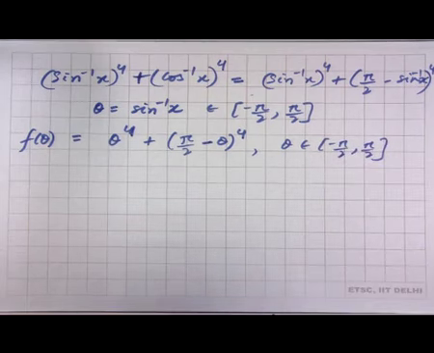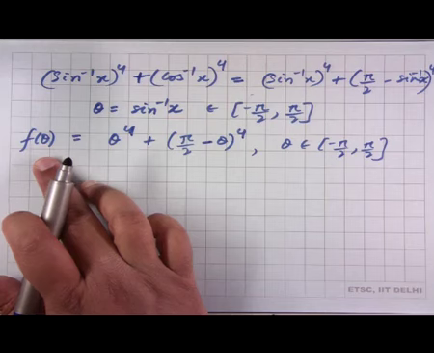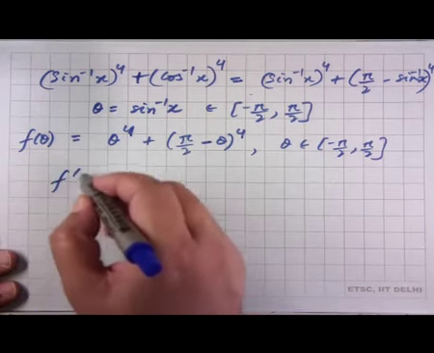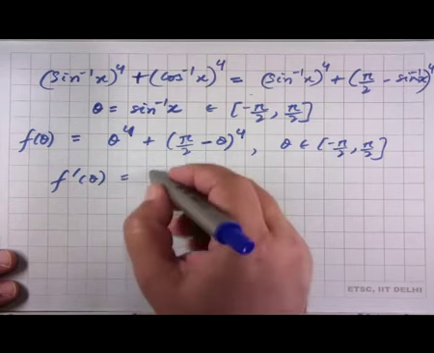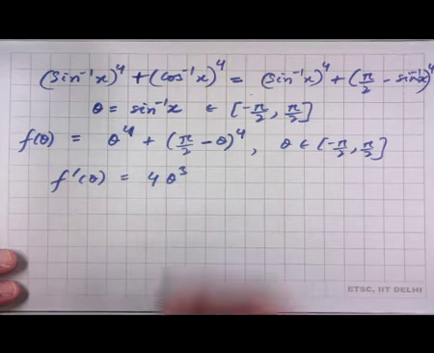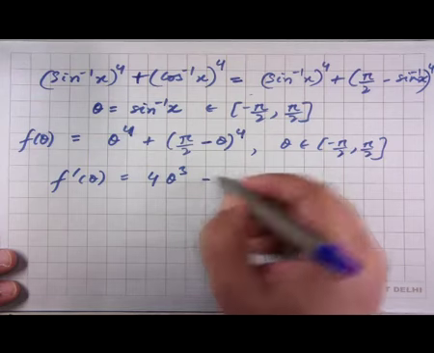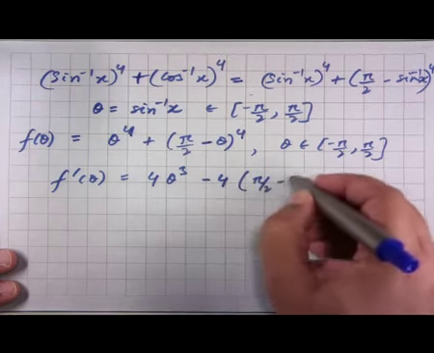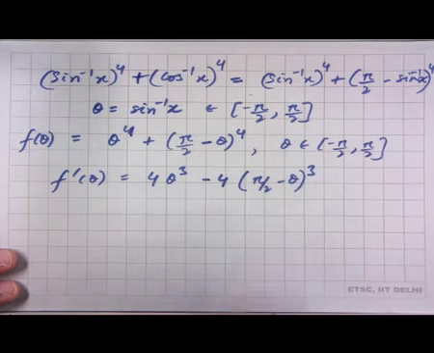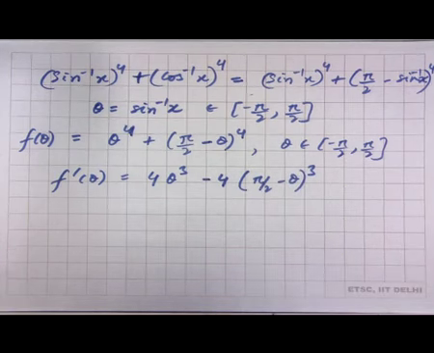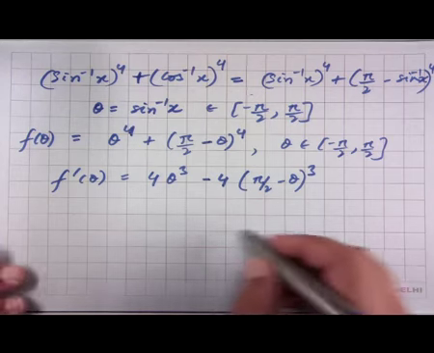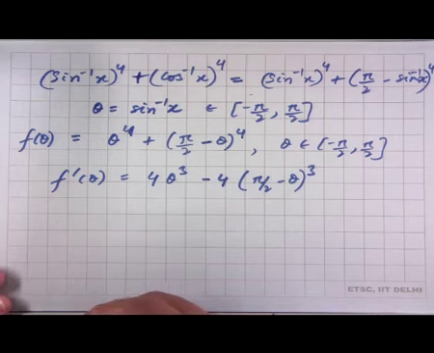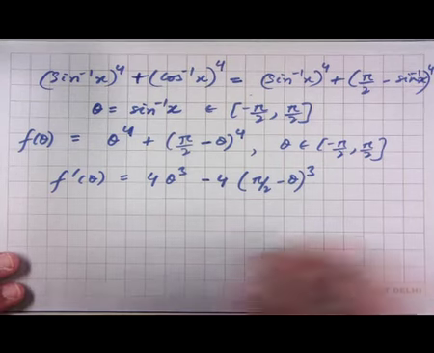So immediately what comes to mind is to take the first derivative of f theta. The first derivative of f theta is going to be 4 theta cube minus 4 into pi by 2 minus theta cube. So this is the first derivative, and to find the extremum points we have to equate this to 0.